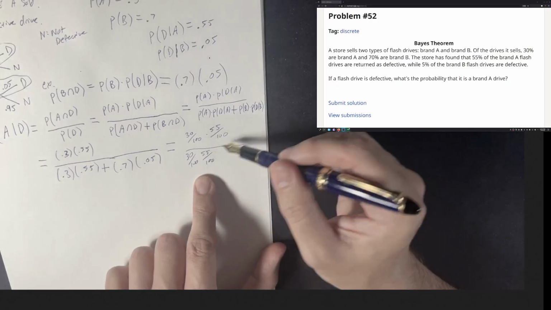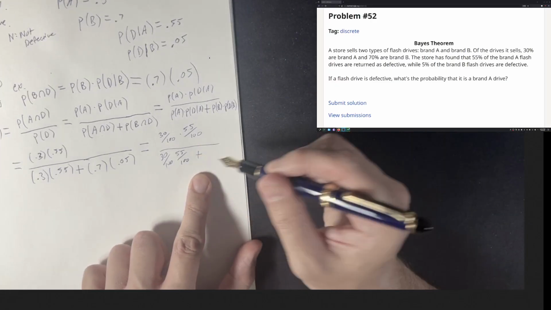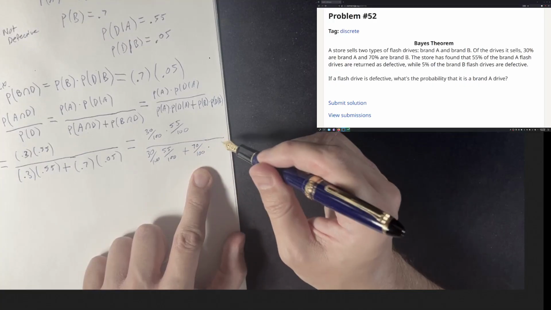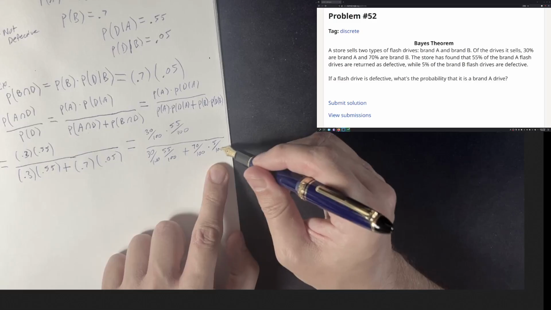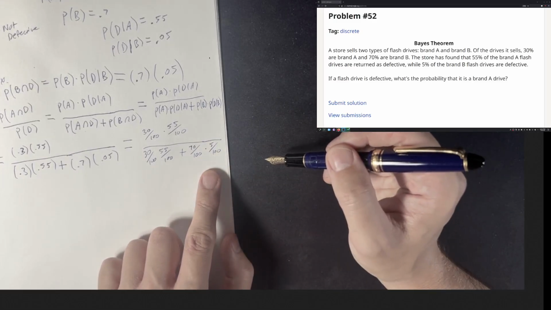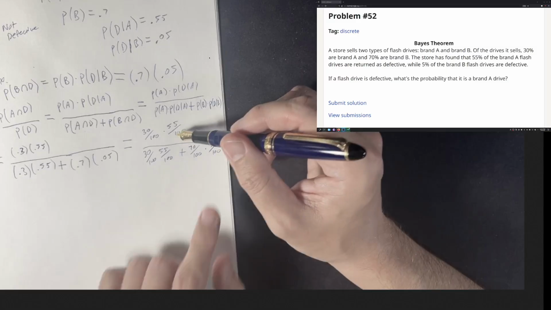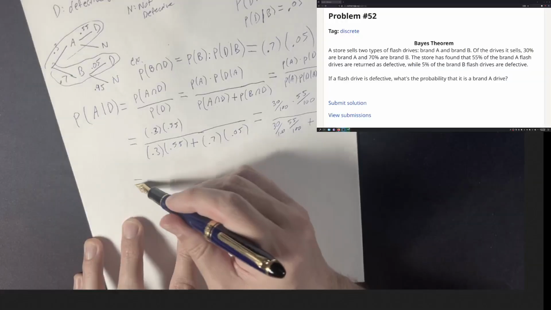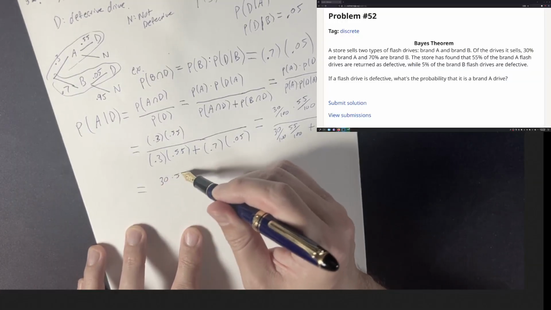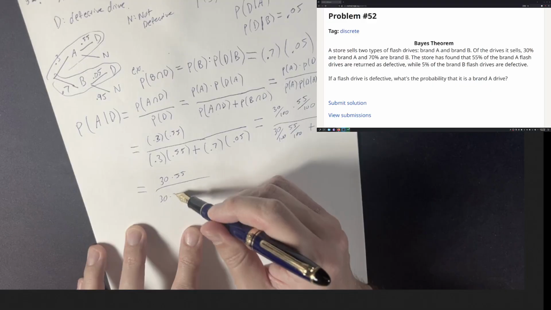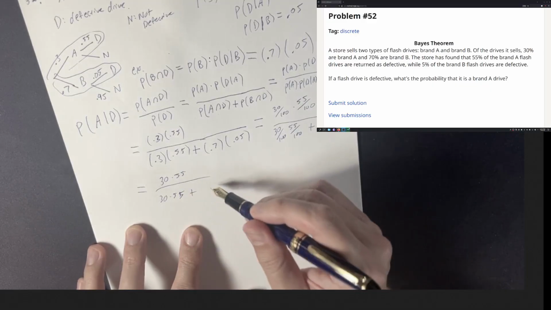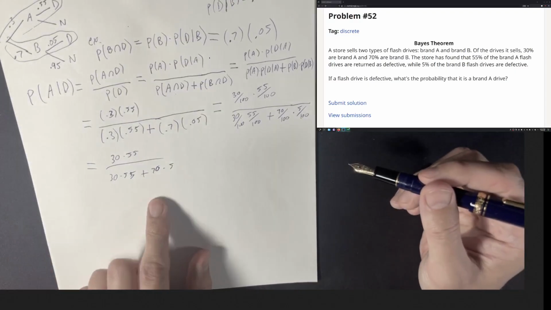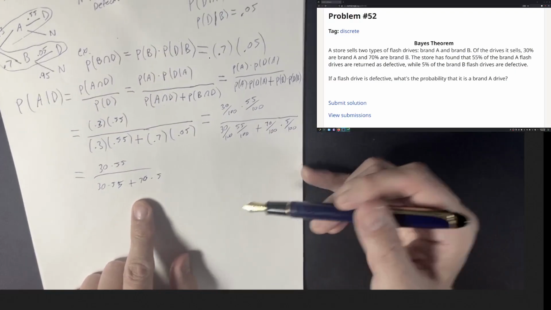Well, the 1/100ths squared are going to cancel, so you'll have nicer numbers to deal with. It's the same number, right? But 1/100th squared on the top and the bottom, if I factor it out, you're getting 30 times 55 over 30 times 55 plus 70 times 5. So I like doing that.